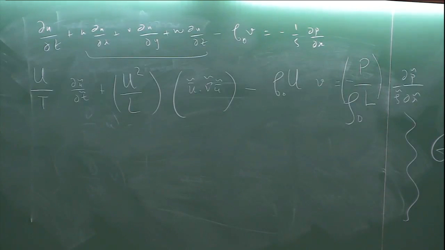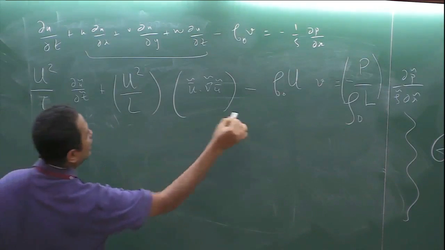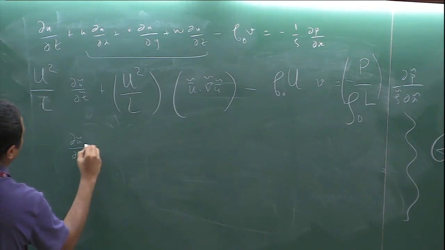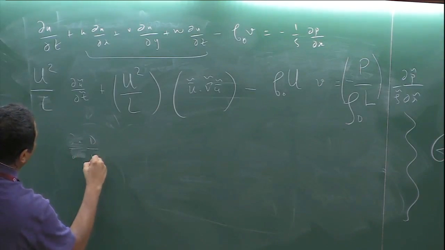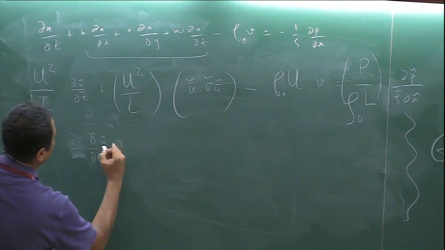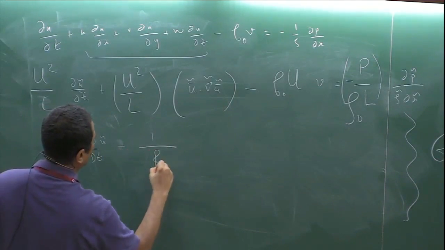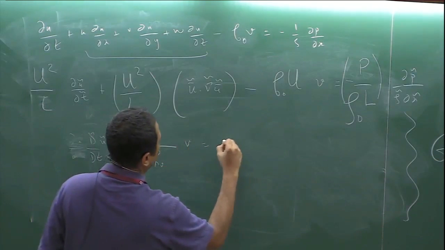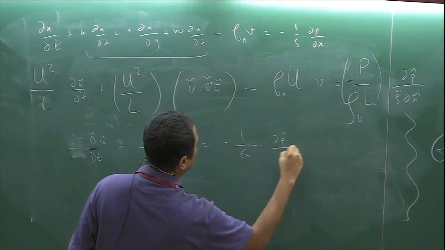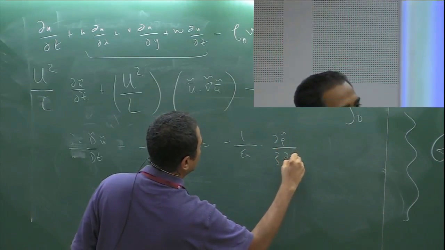T is the L by U. So once again, this takes the form U squared by L, right? All you do is divide by U squared by L. So basically, let me just write this whole thing as, right?